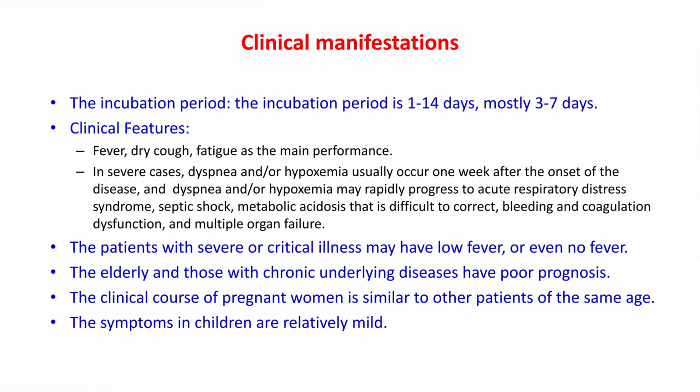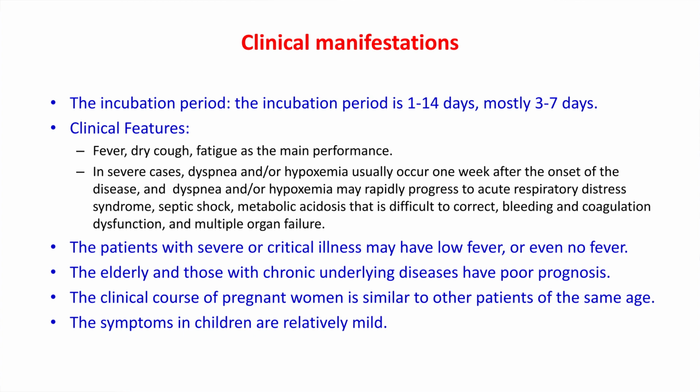The hypoxemia may rapidly progress to acute ARDS, septic shock, metabolic acidosis, digestive tract bleeding and coagulation dysfunction, and even multiple bleeding. We should be aware that patients with severe or critical illness may have no fever or even low fever.